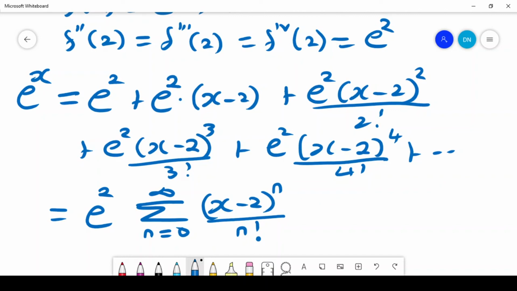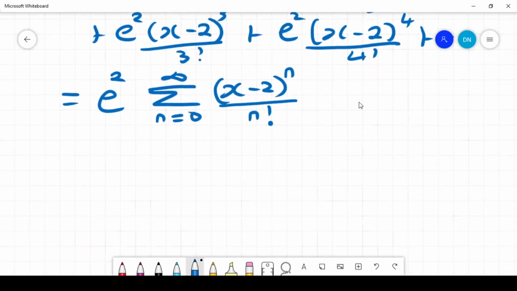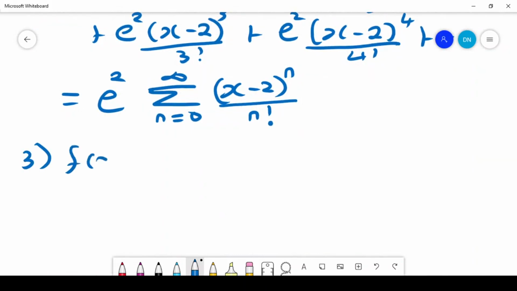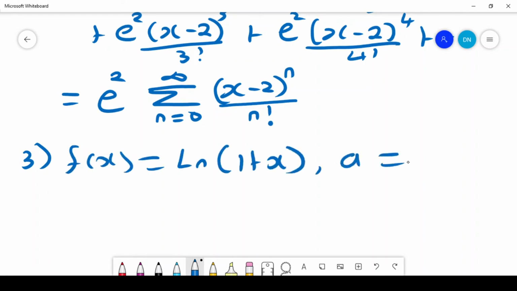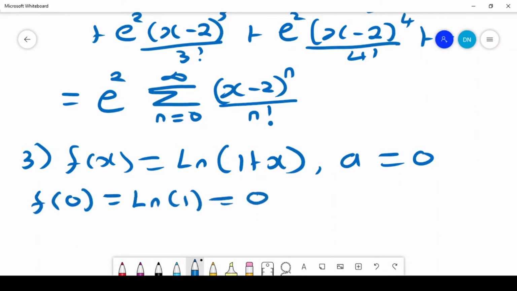What about if we pick another slightly different example? Not very different. We want f of x to be the ln of 1 plus x at a equal to 0. So the first one is f of naught, and we know that will be ln of 1, and ln of 1 is naught.